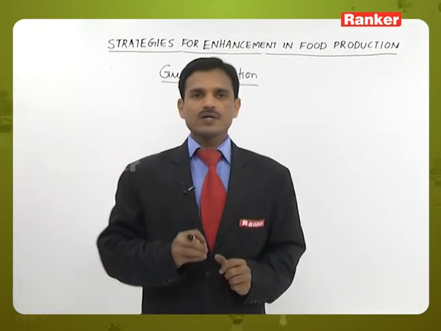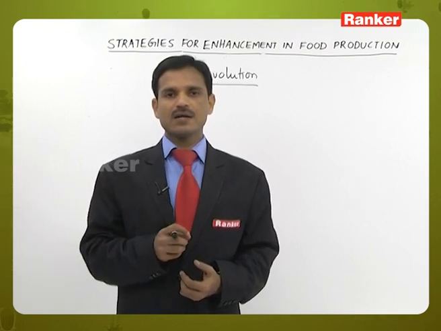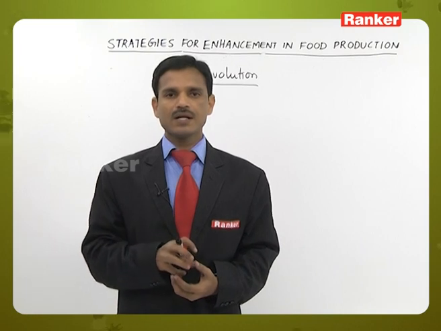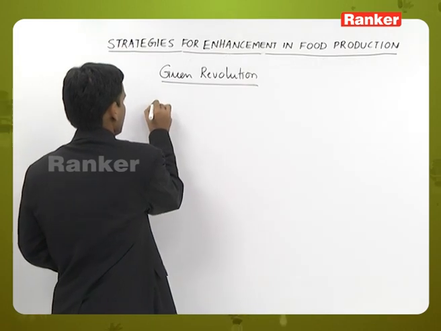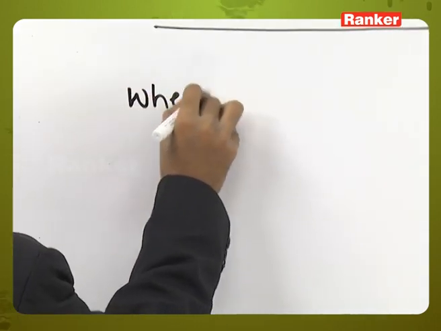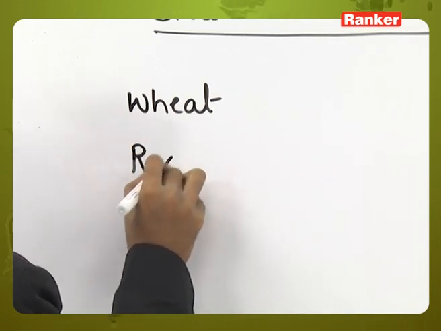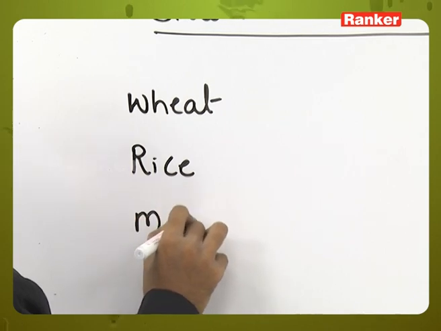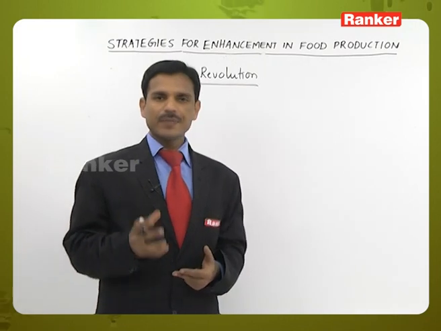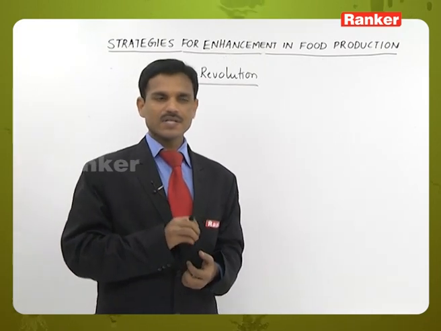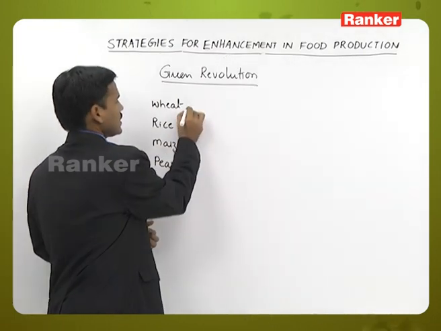In the green revolution, a number of wheat, rice and maize varieties were introduced, making large-scale production possible. Here wheat, rice, maize, and some pulses like Pisum sativum, peas.